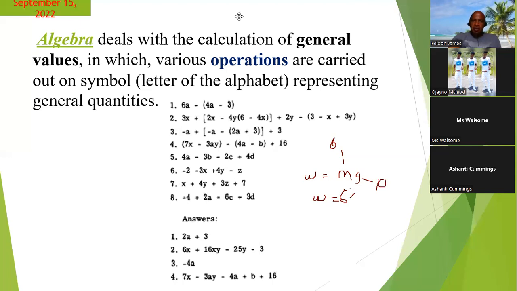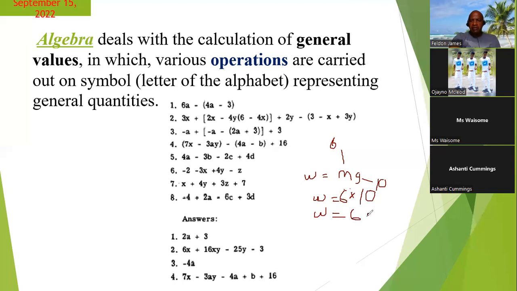So mg would be 6 times 10, because we know that m is 6 and g is 10. And so we could now calculate what the value of w is by simply multiplying 6 times 10. So we see that w would work out to be 60.